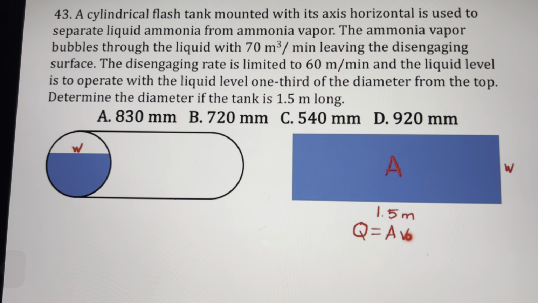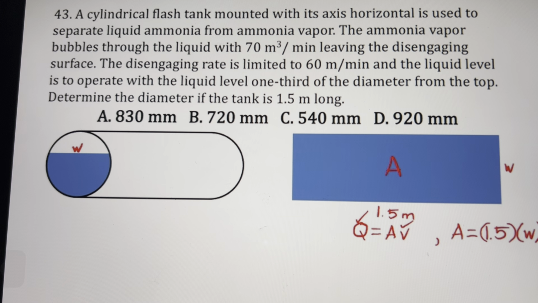And V here is our disengaging rate, which is given, and that is 60 meters per minute. So we have a given V as well as Q. Our area is length times width, where 1.5 meters is our length, and our width is still to be solved.